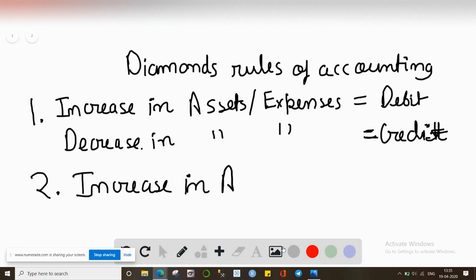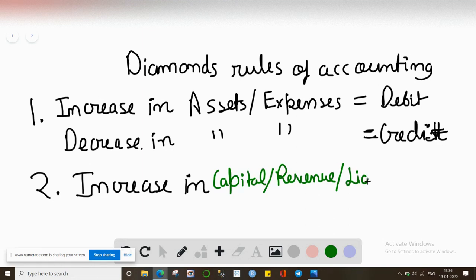Increase in capital, revenue equals credit. Equals credit means whenever there is an increase in capital, revenue, liabilities, then we will credit the amount to the respective account.